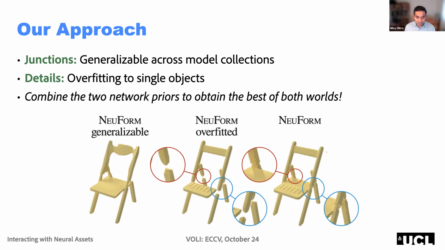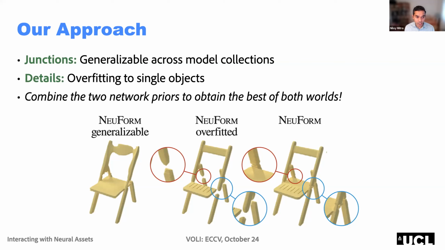Now, our biggest insight in this work was that the uniqueness of objects comes from the identity of the parts, which is nicely captured by overfitted models. And the notion of chairness, for example, comes from the ensemble of the parts or how they are joined.